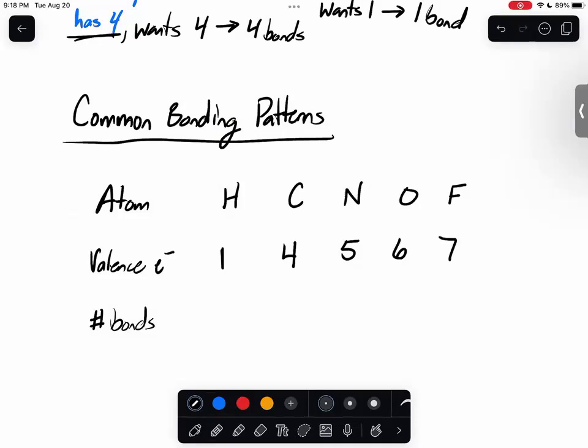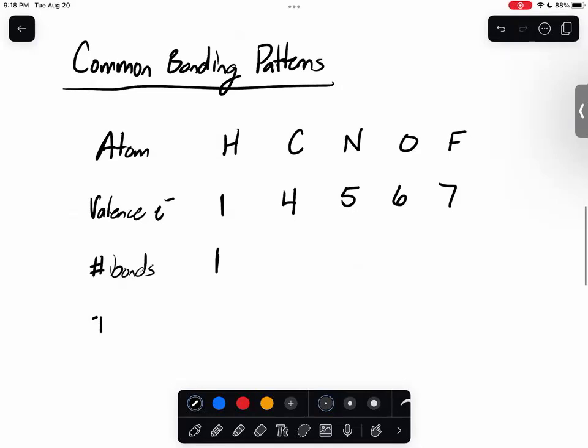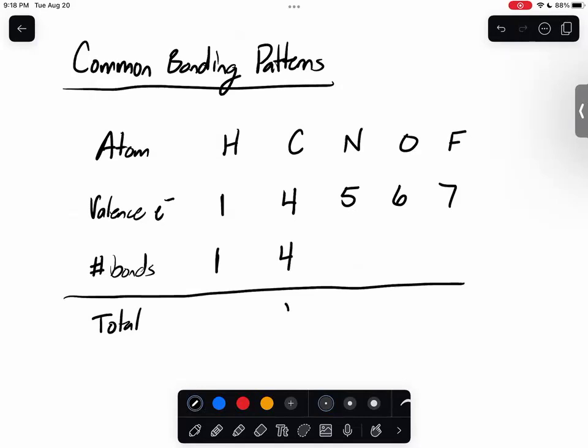And remember, if all of these want octets except for hydrogen, who only needs 2, right, that means that our total here should add up to being 8, right? So carbon wants 4 bonds because with those 4 valence electrons, that tells us that it has 8, and that is a good octet. Now, if we do the same idea for nitrogen, oxygen, fluorine, nitrogen wants to have 3 bonds, right?